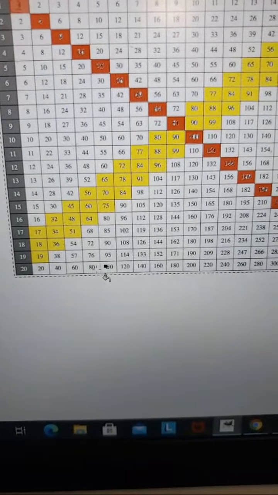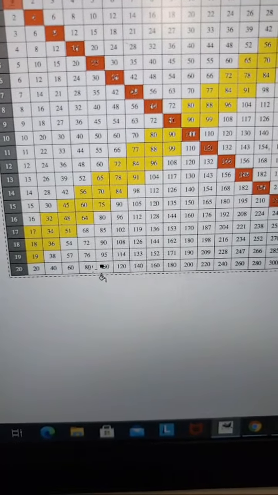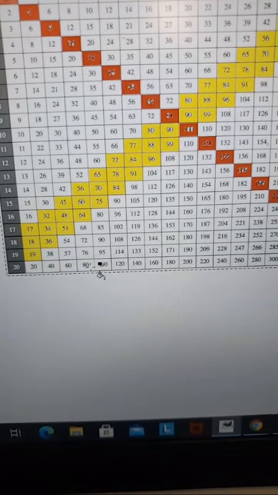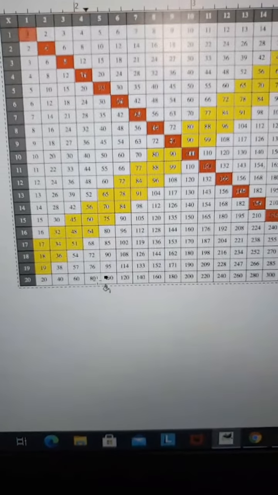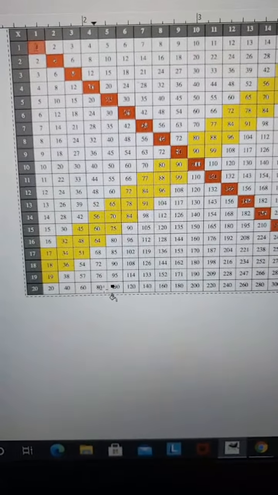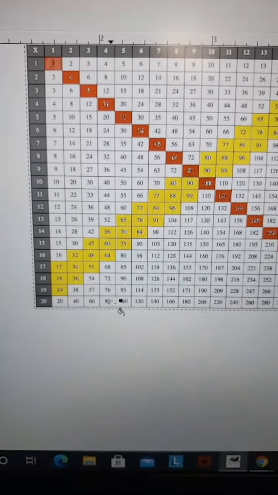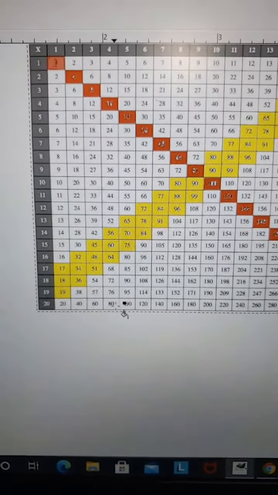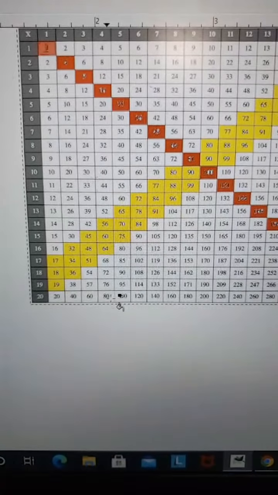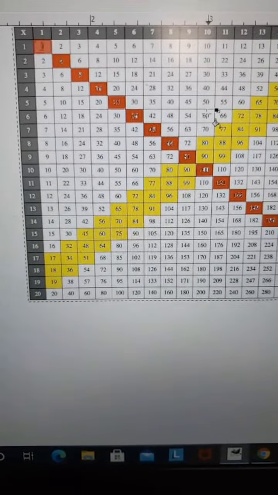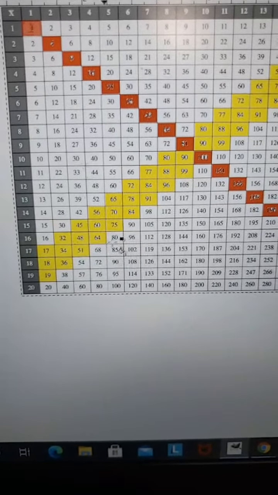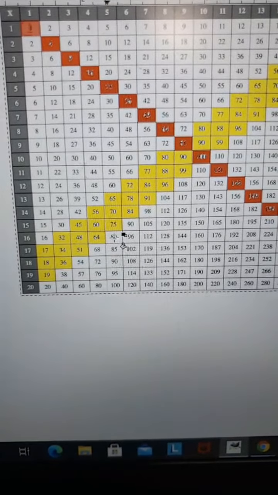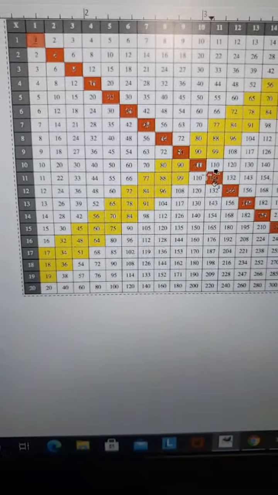And what numbers are bigger than 81 that are above this line? So what are the numbers between 81 and 100?